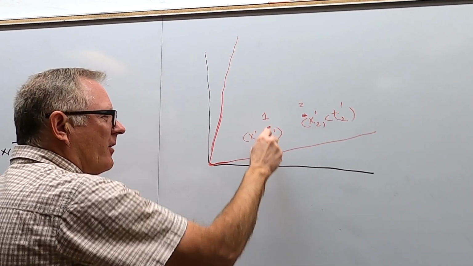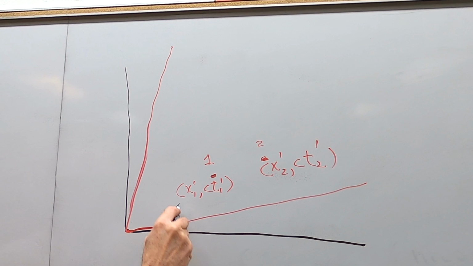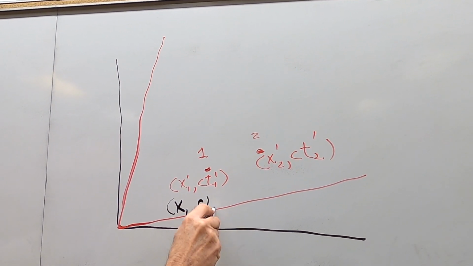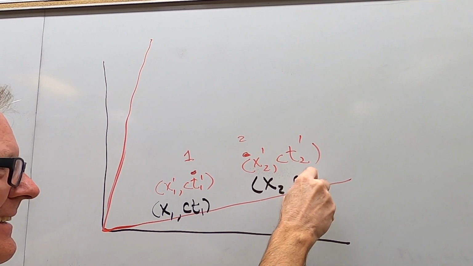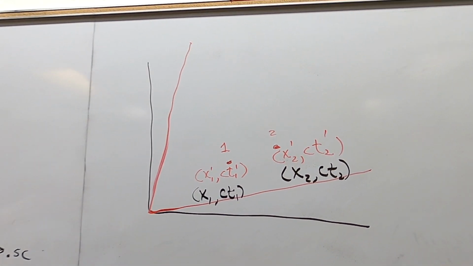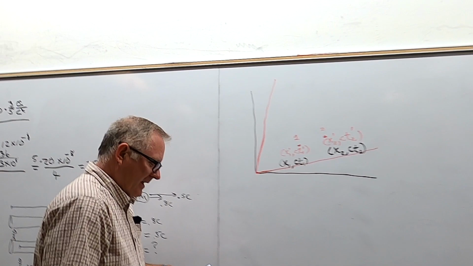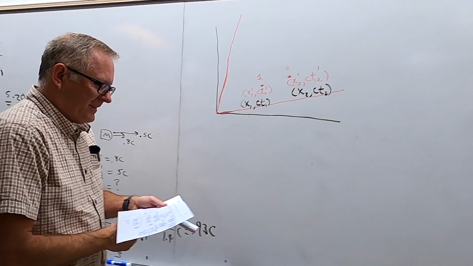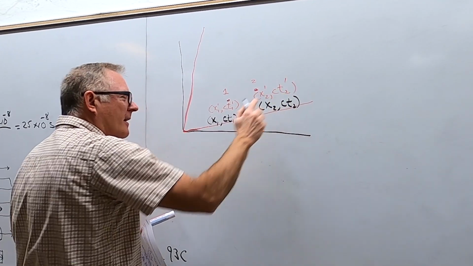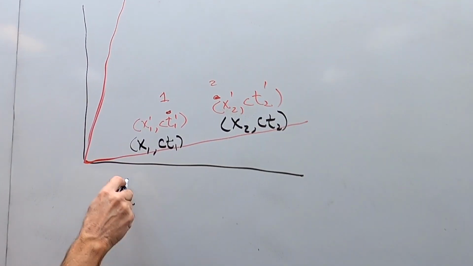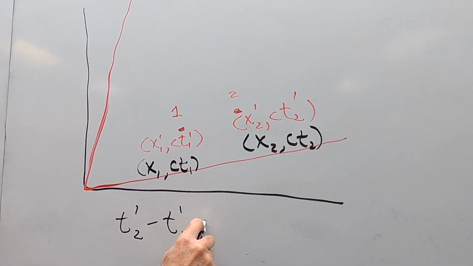And on Frank's frame, down this way and this way, we would have an x1, ct1. Over here, we would have an x2, ct2. Okay, and so we said, two events occur at the same time in Mary's frame. That means that this time and that time were the same. t2 prime minus t1 prime was equal to 0.